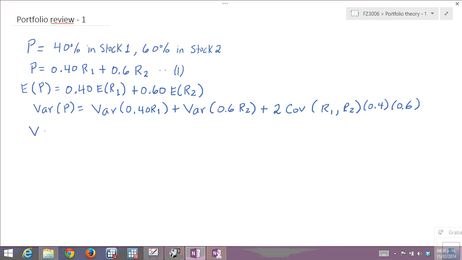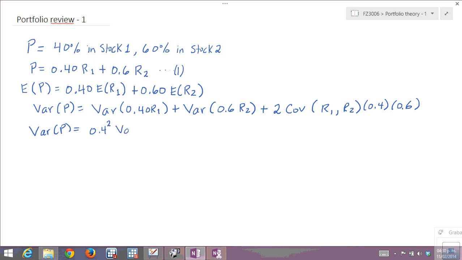Then if this is the case, the variance of the portfolio is going to be equal to, when I have a constant inside the variance, I can just extract the constant and square it.